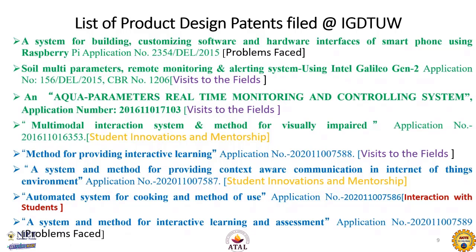What is my problem? My problem is that I had been teaching an embedded systems course for UG, PG, PhD students at that point of time. But whenever I wanted to teach, it was very, very difficult for me to have a board, a tool chain, an operating system and all capabilities.